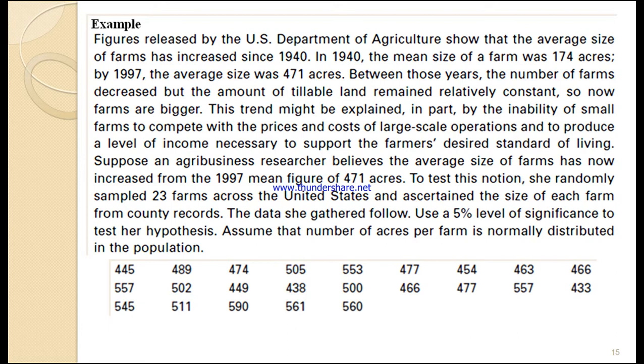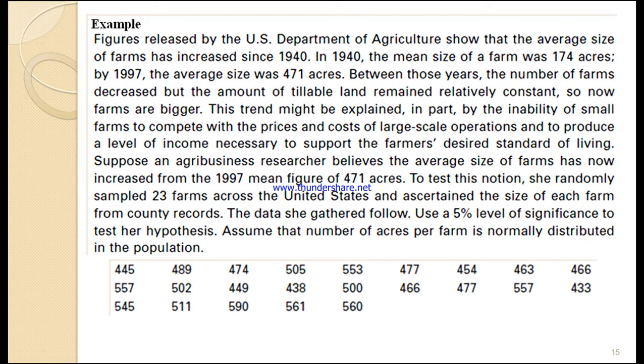Students, assume that figures released by USA Department of Agriculture show that the average size of farms has increased since 1914. In 1914, the mean size of a farm was 174 acres. By 1997, the average size was 471 acres.